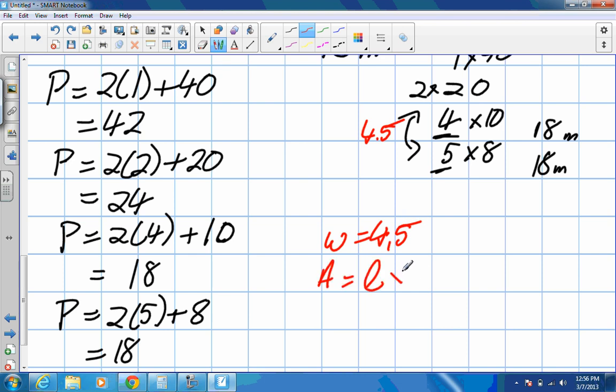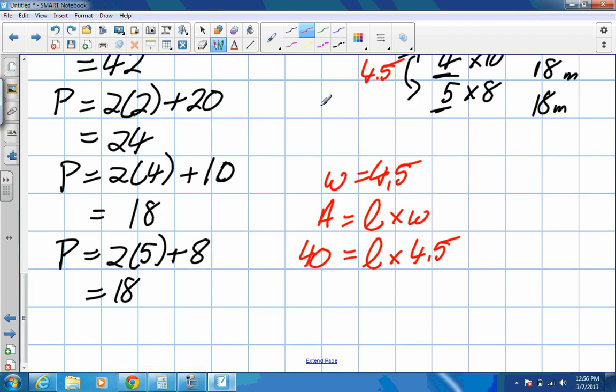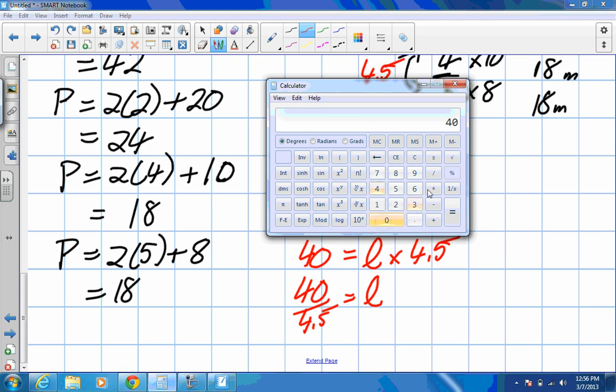Our area is constrained to only 40, so we have to find our L. We're going to divide 40 by 4.5, and that'll tell us what our length will need to be. So 40 divided by 4.5 is equal to L. 40 divided by 4.5. What happened there? I didn't write the right number, did I? 40 divided by 4.5.